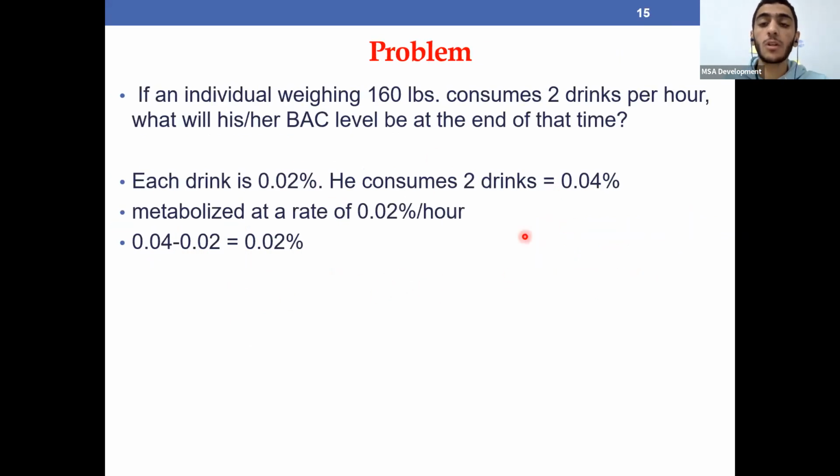Okay? Let's put it into action. An individual weighing 160 pounds, so each drink would lead to 0.02% of BAC. He consumes 2 drinks. So we have 0.02% multiplied by 2, which is 0.04%. What will his or her BAC level be at the end of that time? Every hour, it's going to decrease by 0.02. So after 1 hour, it's going to be 0.02%.